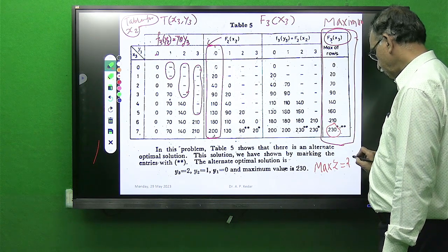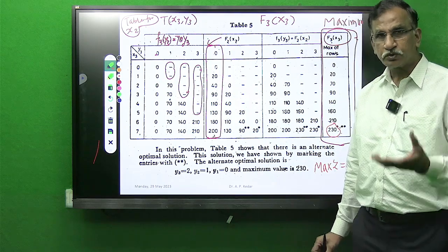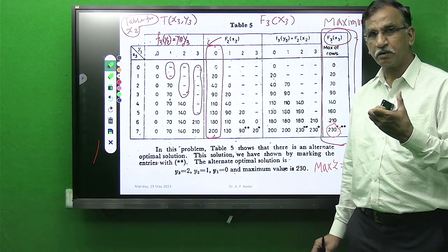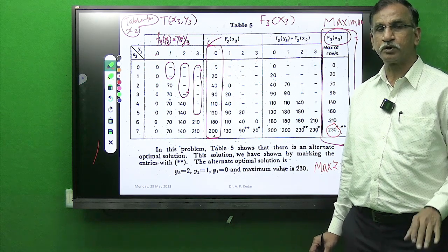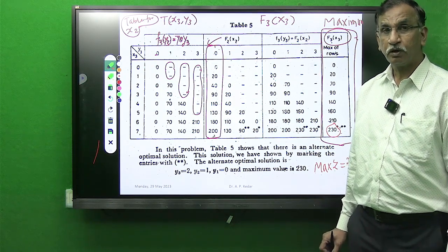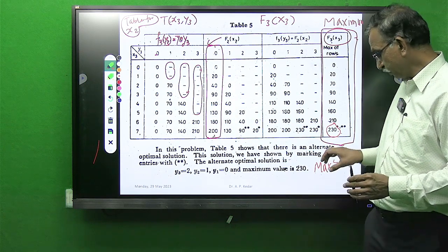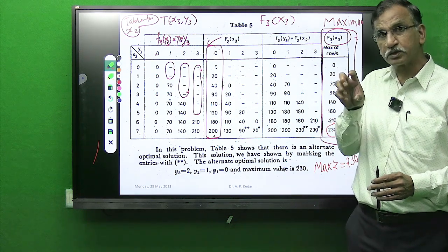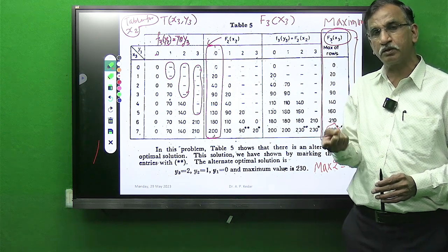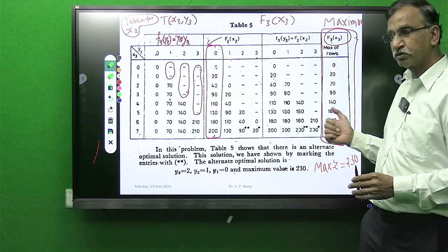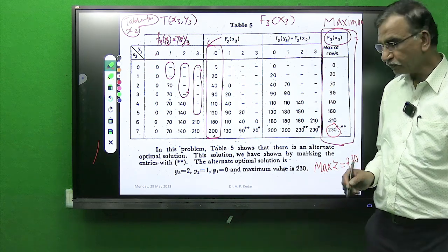So students, you now know the maximum value which you are likely to get by putting different items into the cargo ship, into the vessel. But now our aim is to decide how many units of each item we will place in the vessel so as to give this value. Backtrace. Now we'll backtrack. How?